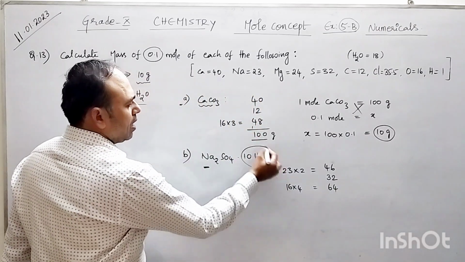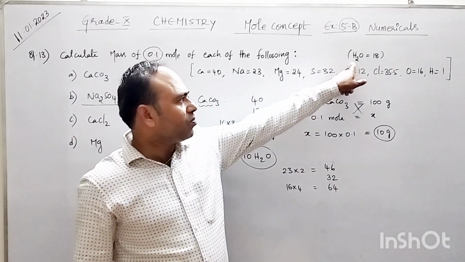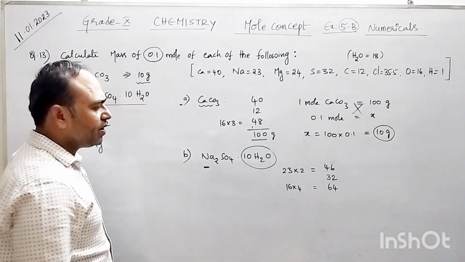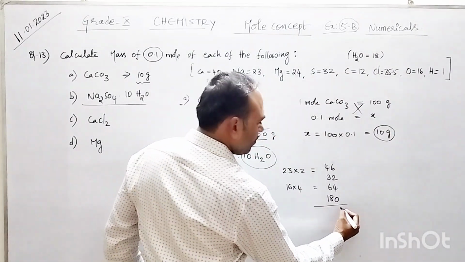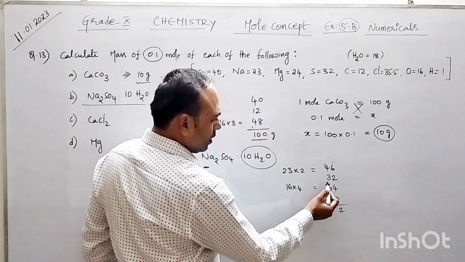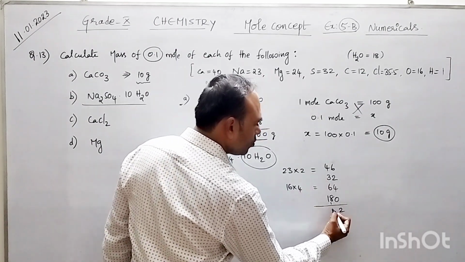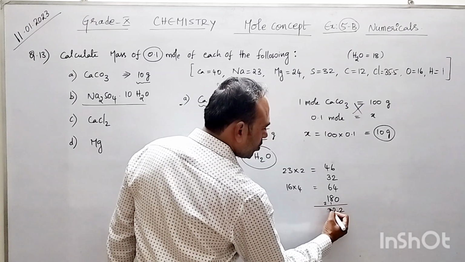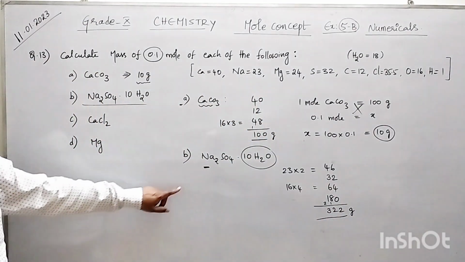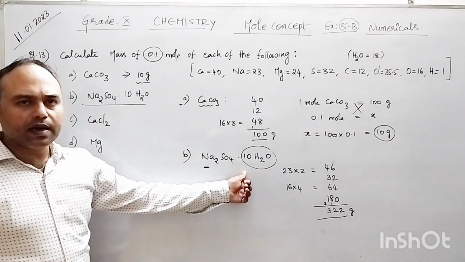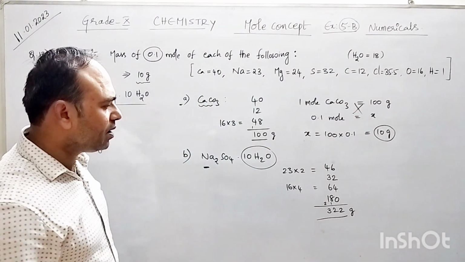And finally 10 into H2O: one water molecule has 18, therefore 10 into 18 is 180. Adding up, we get 322 grams. So the molecular mass of sodium sulfate decahydrate is 322 grams.